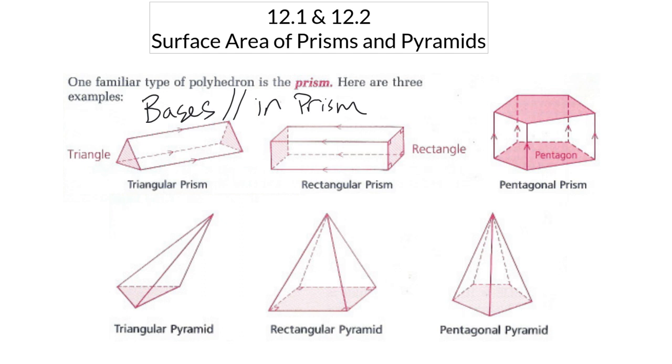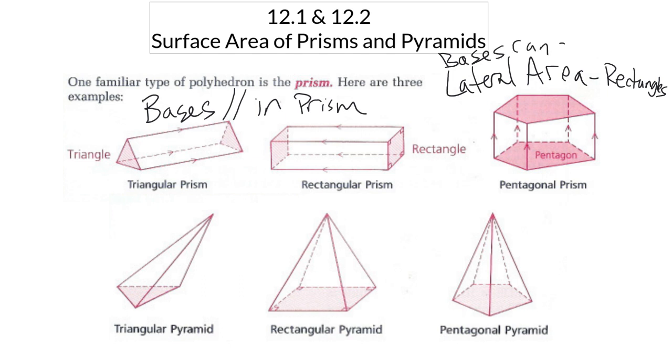The base can change shape, but the lateral area will be rectangles. Okay, the bases can change, but the lateral area is always made of rectangles.